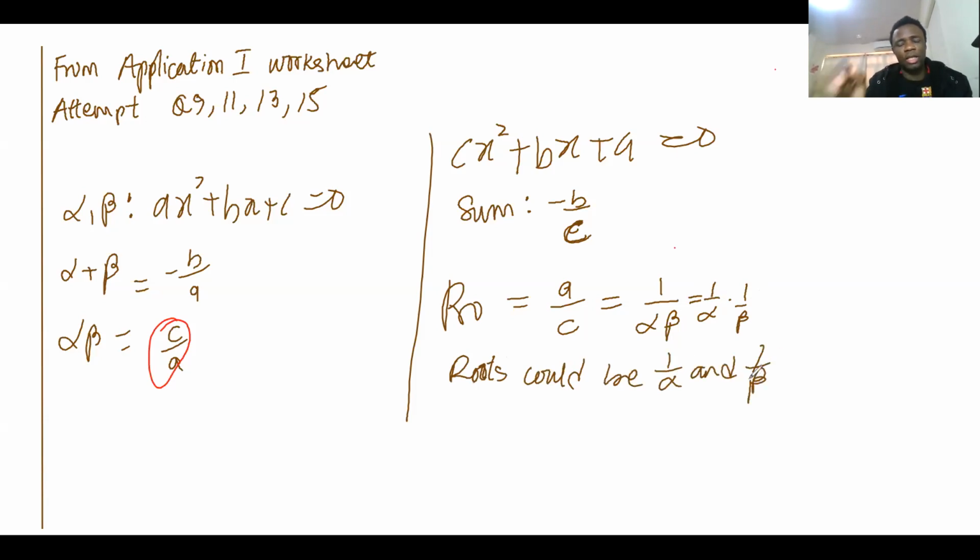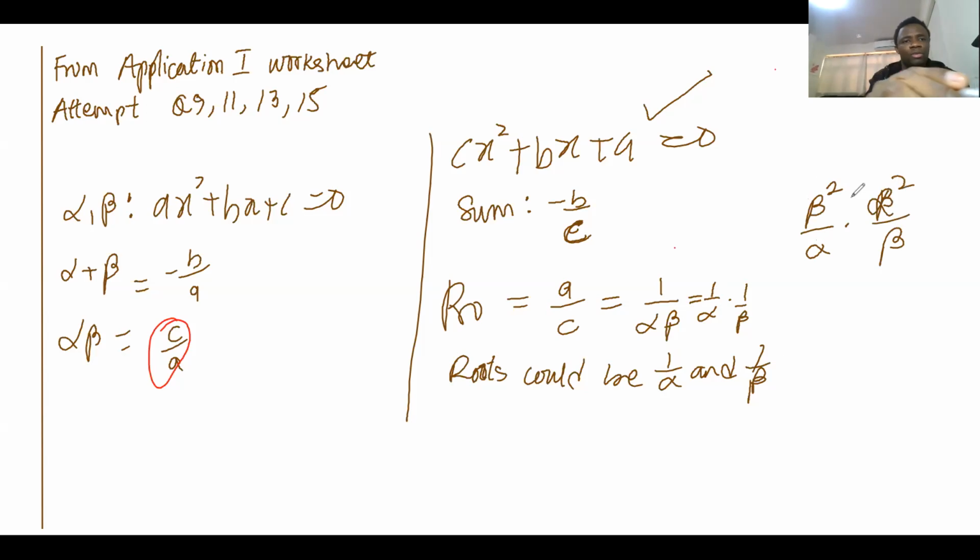Remember, the question is saying, find the roots of the equation given by this in terms of alpha and beta. So this could be the root because the product says these are the roots. But again, the 1 over alpha beta could have been maybe beta squared over alpha times alpha squared over beta.